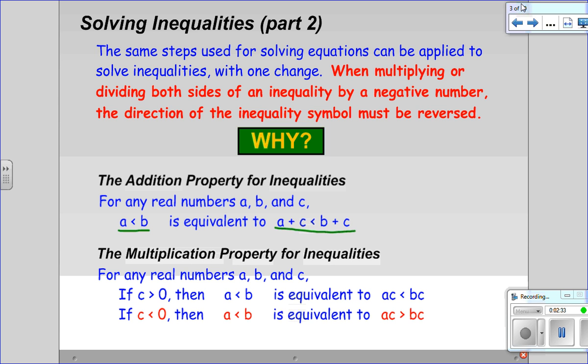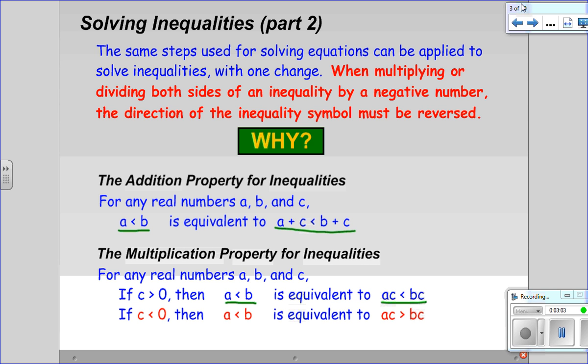For any real numbers A, B, and C, if C is greater than 0, in other words, if you're multiplying by a positive number, then A less than B is equivalent to AC is less than BC. In other words, you can multiply both sides by a positive number and the inequality symbol remains the same.